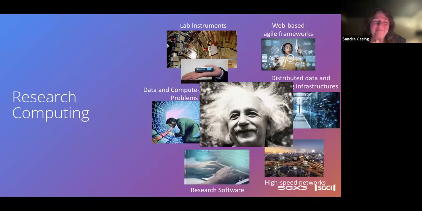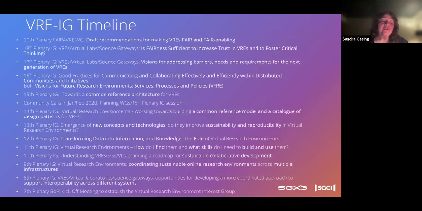Next slide. If you look at the timeline of the interest group, it started with the 7th plenary and the kickoff of the interest group. Then we had different topics, from interoperability across different systems to coordinating sustainable research environments and multiple infrastructures.